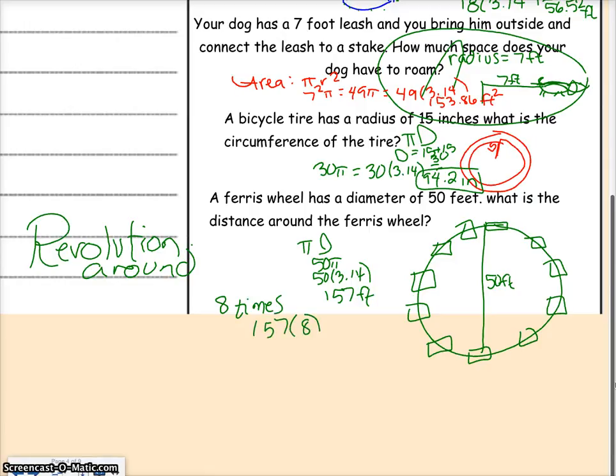A revolution is once around, twice around, 3 times around. It would be 157 times 8, 1,256 feet that I travel within those 8 revolutions. So that's just a vocab word you might want to know. Revolution means around.